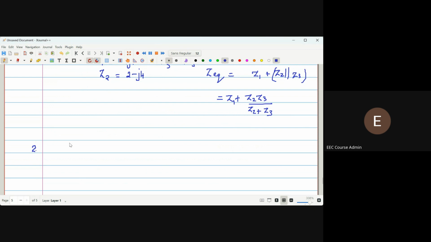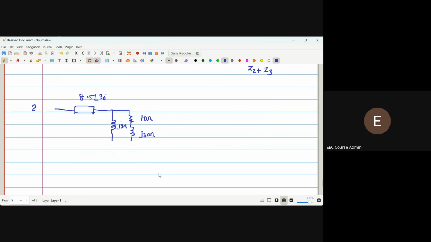Okay, now here. In the series parallel circuit, the effective value of the voltage across the parallel parts is 50 volts.